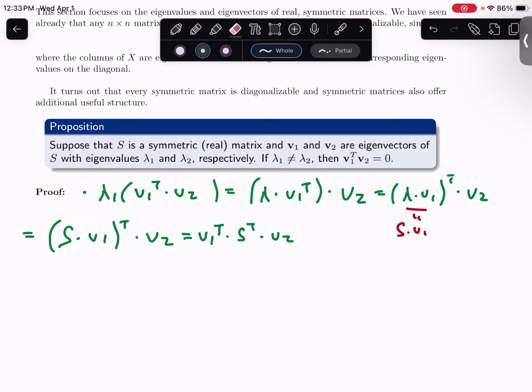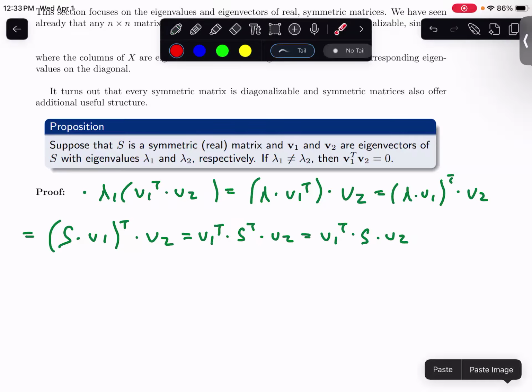We're making the assumption that S is a symmetric matrix. So we have S transpose, that's just going to be equal to S over again. And so this is equal to V1 transposed times S times V2. And so this whole time we've just been thinking in terms of lambda 1, but we also have this lambda 2 that's involved as well.